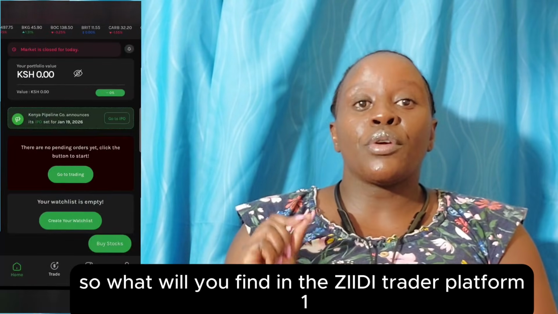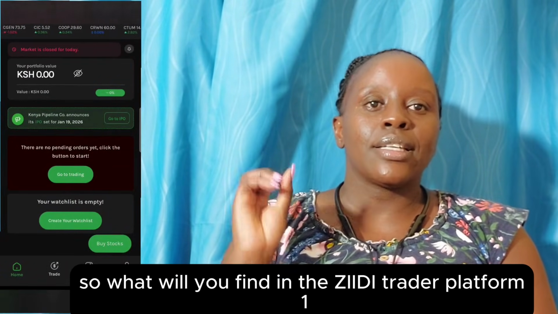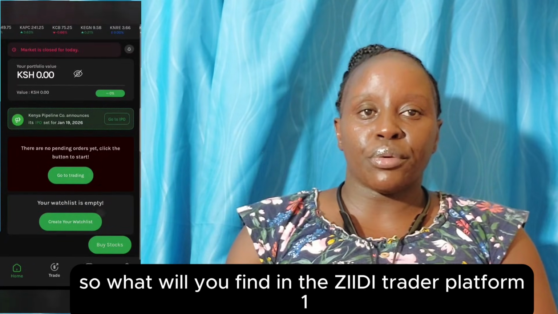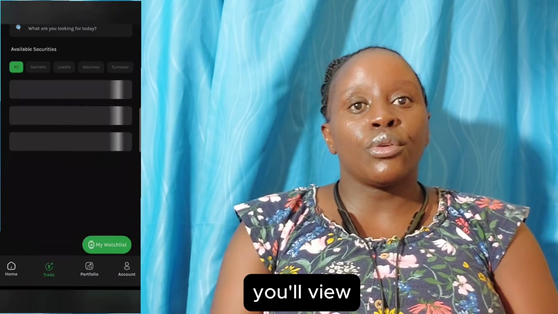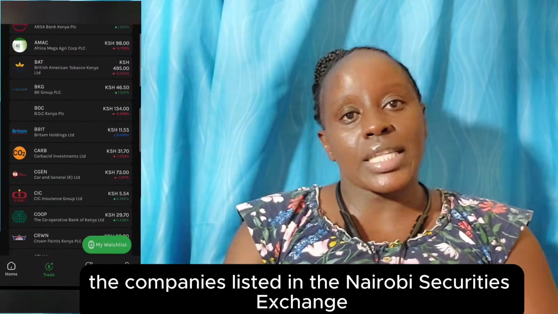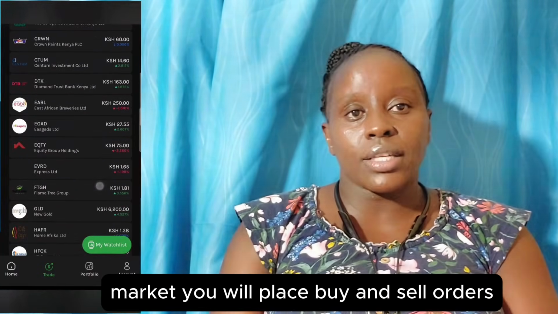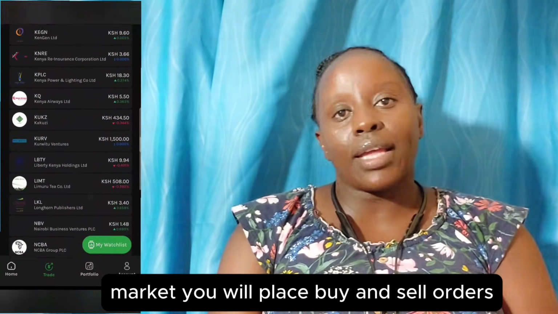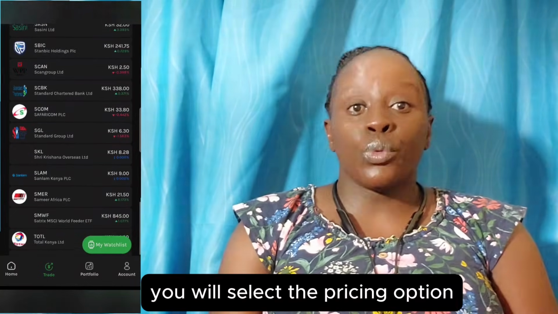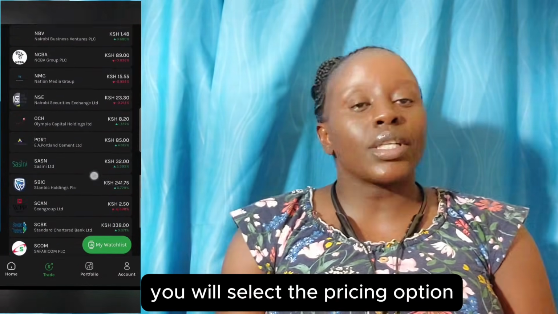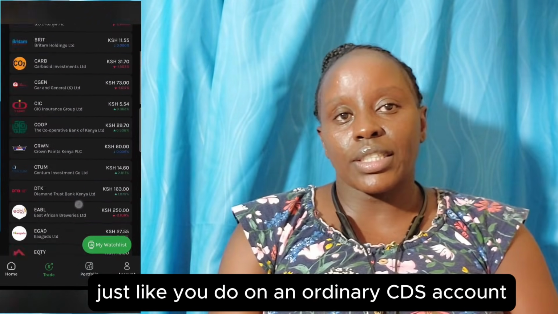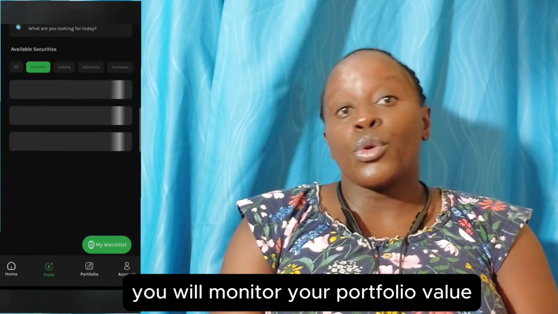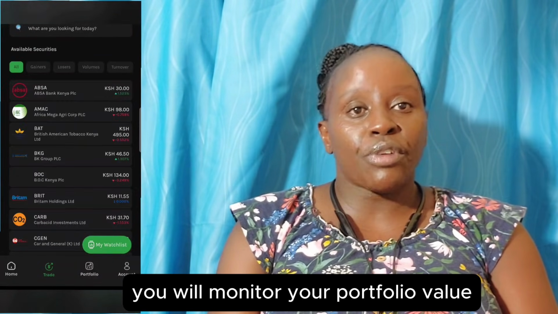So what will you find in the Ziidi Trader platform? One, you'll view the companies listed in the Nairobi Stock Exchange market. You will place buy and sell orders. You will select the pricing option just like you do on an ordinary CDS account. You will monitor your portfolio value.